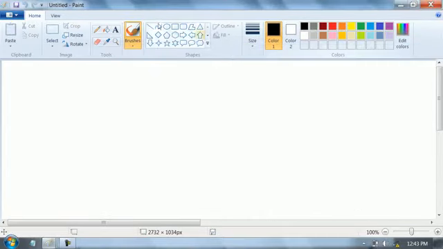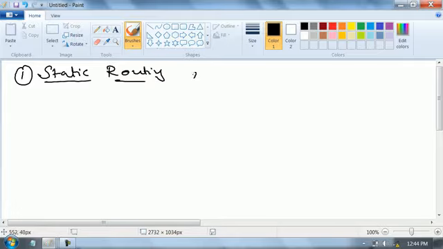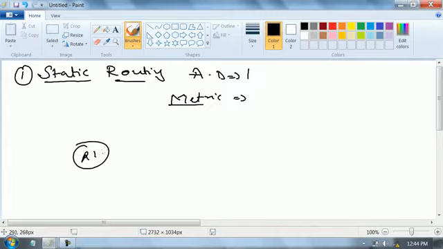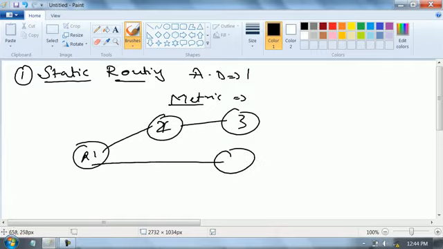Now, static routing. What about the metric for static routing? Guys, try to understand what I told you. This is R1, R2, R3, R4. There is a user in B network.